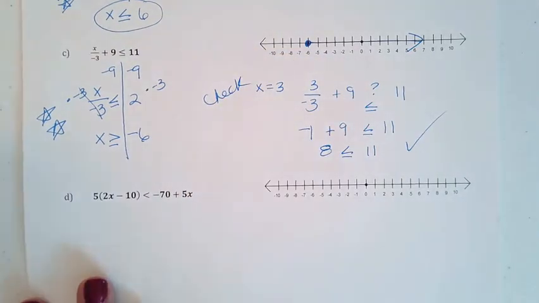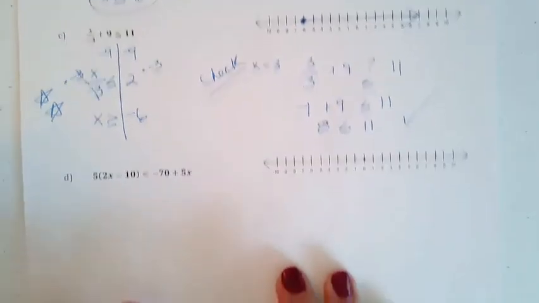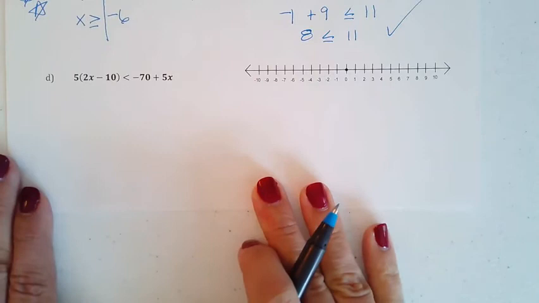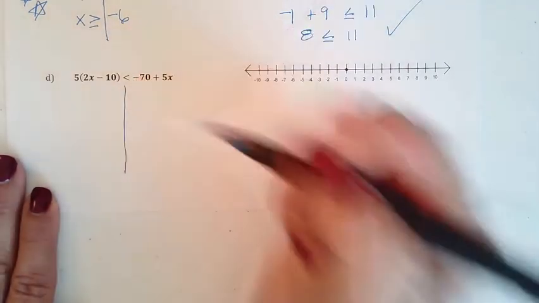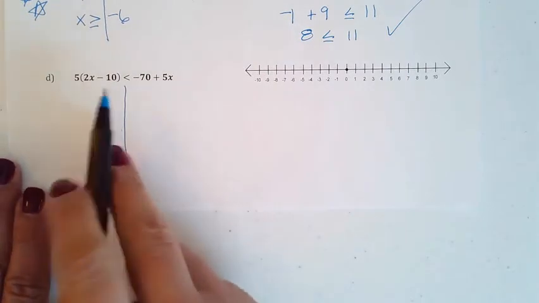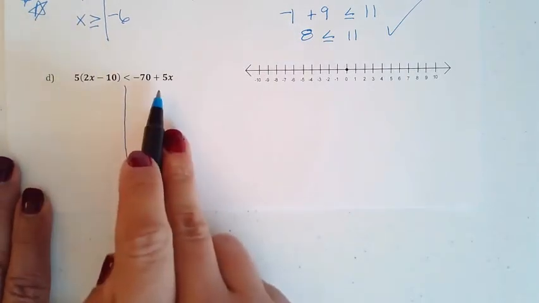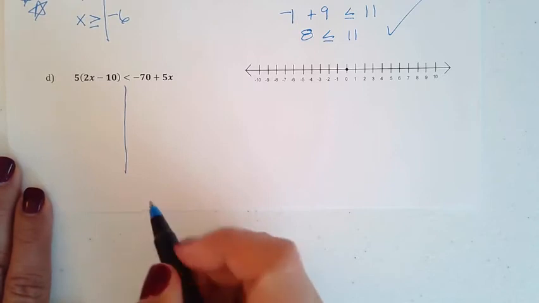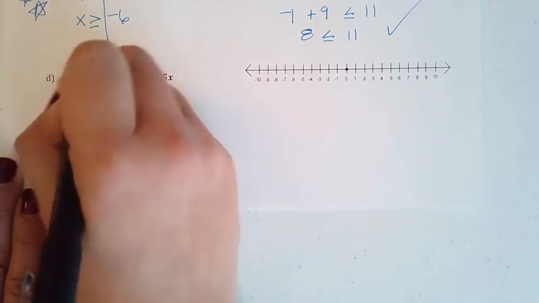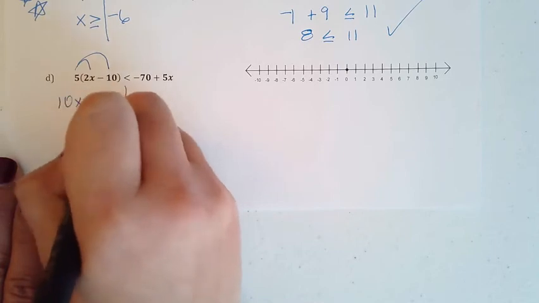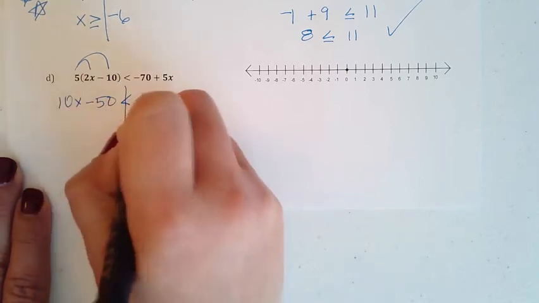Okay. Last but not least, again, you're pausing when you want to try them on your own, and then you're playing when you want to watch. This one has a ton. Okay, so this is one of those ones where we're cleaning up both sides, then we're dealing with left and right. So I'm going to distribute this on both sides, and I get this still less than.